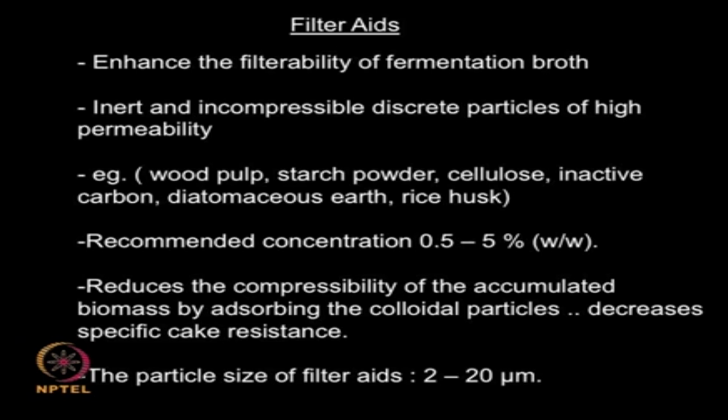Basically it reduces the compressibility of the biomass and reduces the specific cake resistance. If you remember, specific cake resistance comes into Darcy's law and has a very important bearing on the flow of the liquid as well as the rate of filtration. So it decreases the specific cake resistance. Generally the particle size of these filter aids is between 2 to 20 microns.